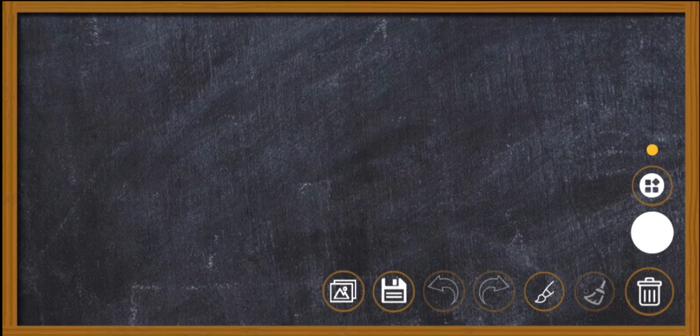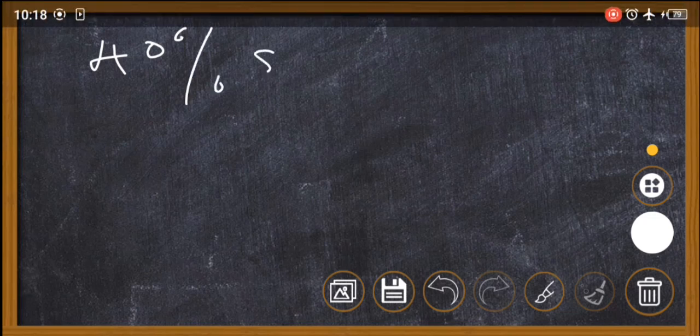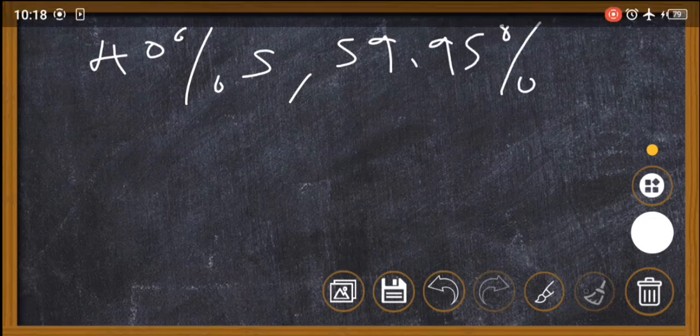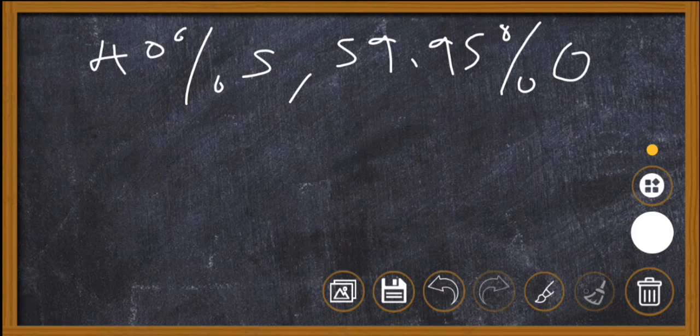So we have been asked to determine the empirical formula of sulfur oxide, where the composition is determined to be, let's say, 40% of sulfur and 59.95% of oxygen.